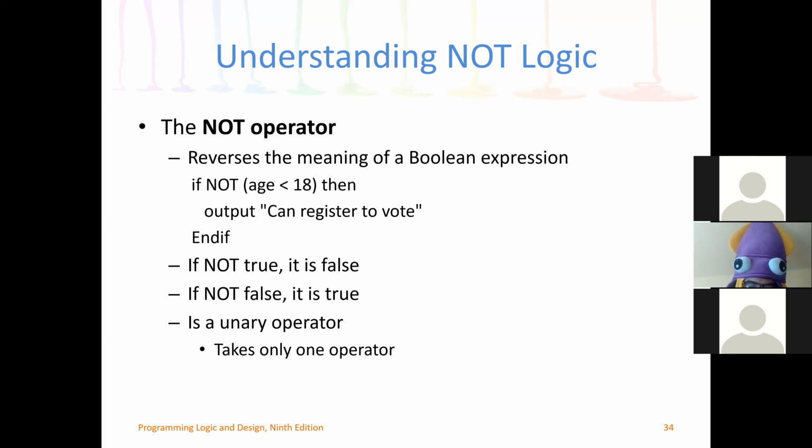So we have a statement saying age is less than 80. If age is less than 80 and it's true, then not true will give me false. So the condition here, let's say if the age is greater than or equal to 18, then my output will be true because the condition will be false.